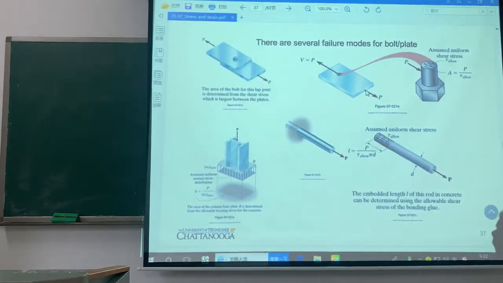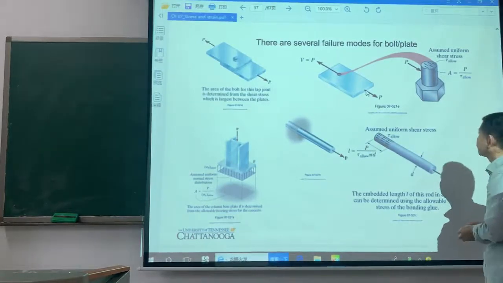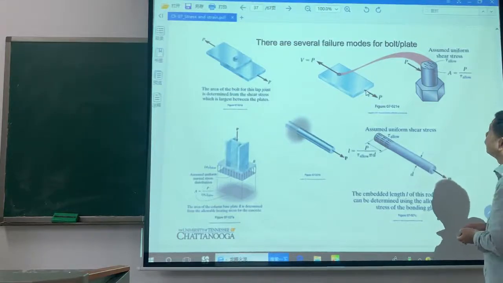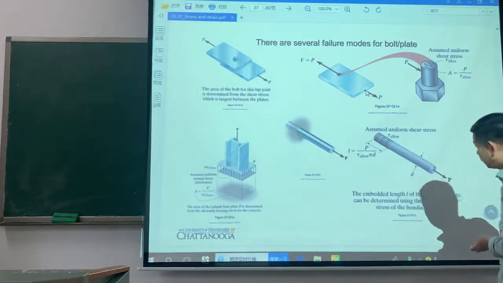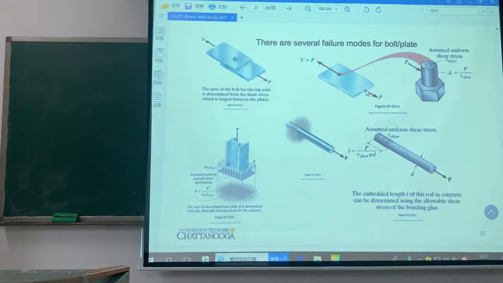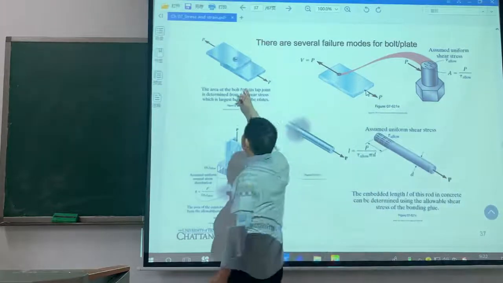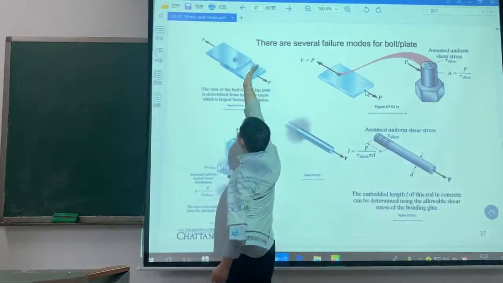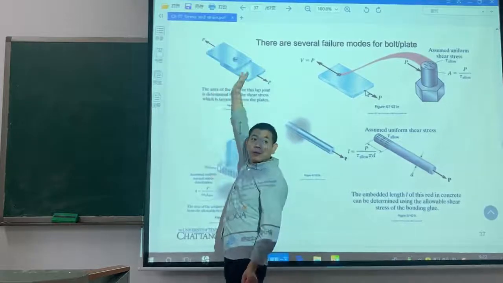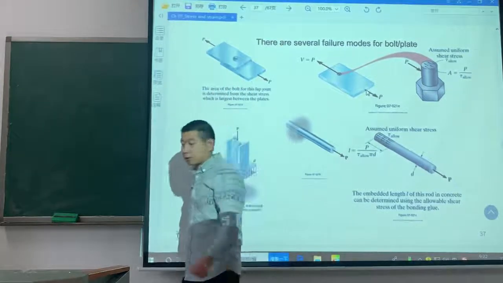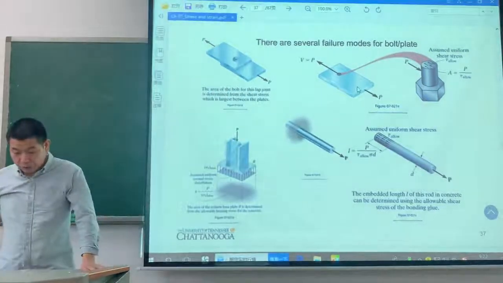The plate may be cut, may be broken on the cross section. Yes or no?